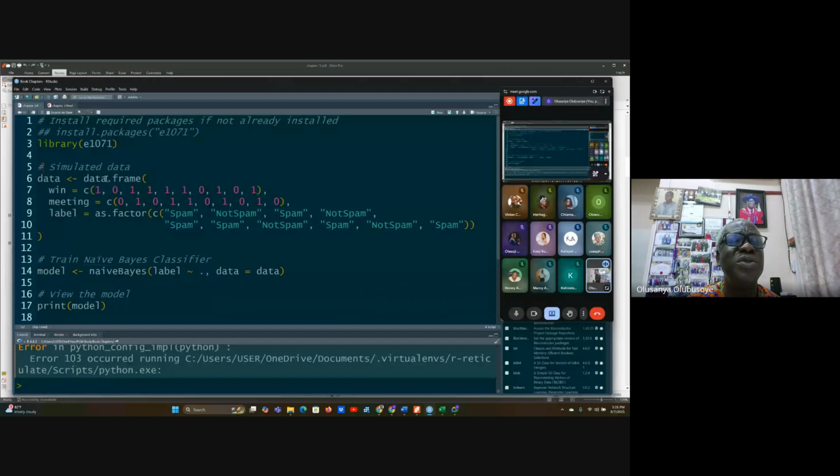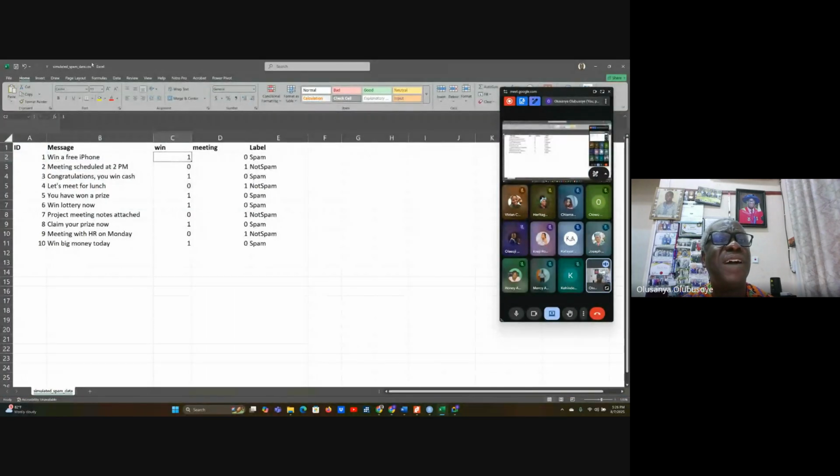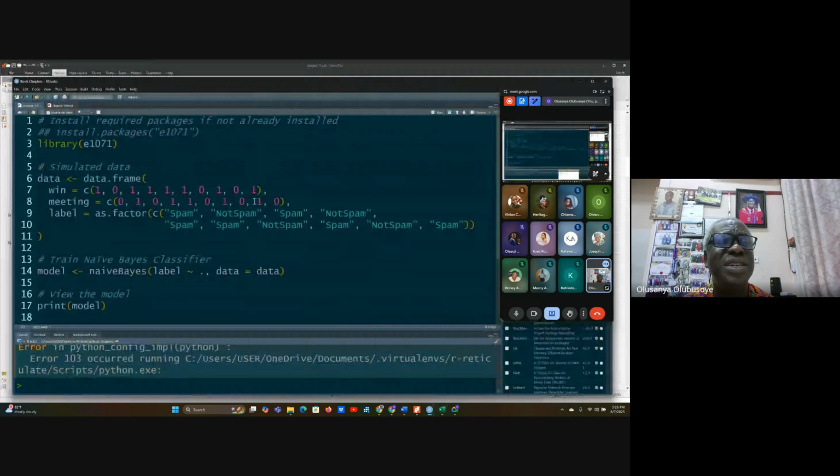You can also use the approach I used in the last lecture: save the data as a CSV file, and then simply use the read.csv function to read the data. Here, the data is manually entered, not called from a file. So those are two possible options.